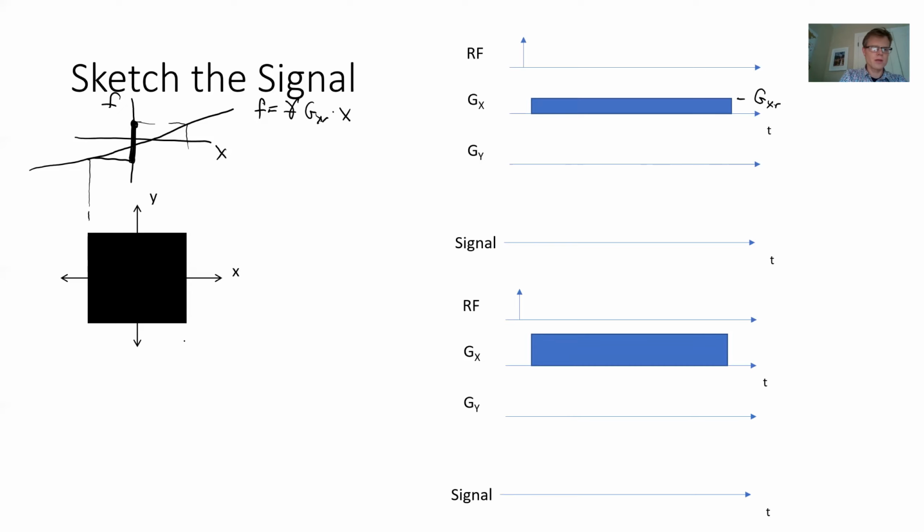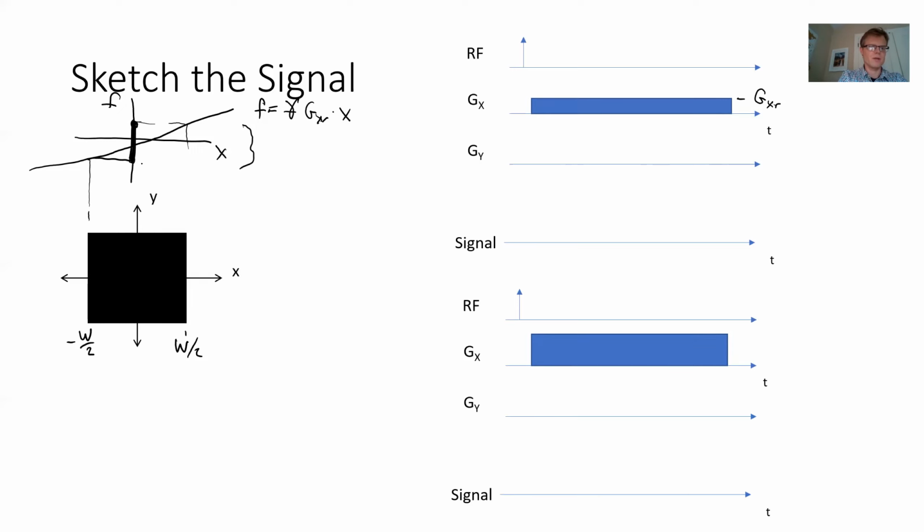So if this value over here, let's call it W over 2 and minus W over 2, then we're going to get a range of frequencies.